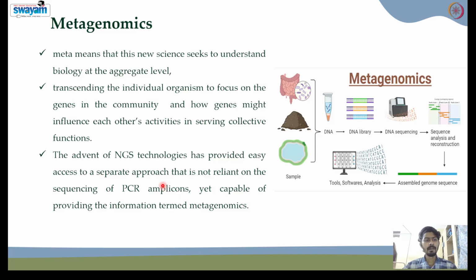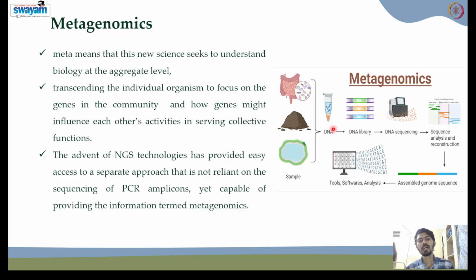And if you see the process of metagenomics, as we have understood, metagenomics is nothing but understanding the genetic information that is present in a microbial community. So what happens here is how genes might influence each other's activity, and also what are all the genes, that is microbes, present in a given environment.